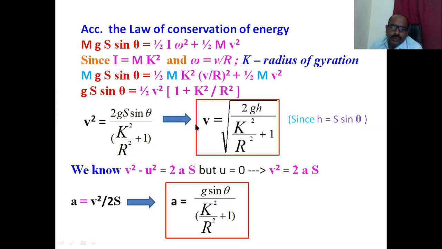So that is v is equal to the square root of 2gh divided by (k square by r square plus 1). k is the radius of gyration and r is the radius of the circular object. As we have considered the cylinder, it is the radius of the cylinder. But we know the kinematic equation in linear motion, v square minus u square is equal to 2as.